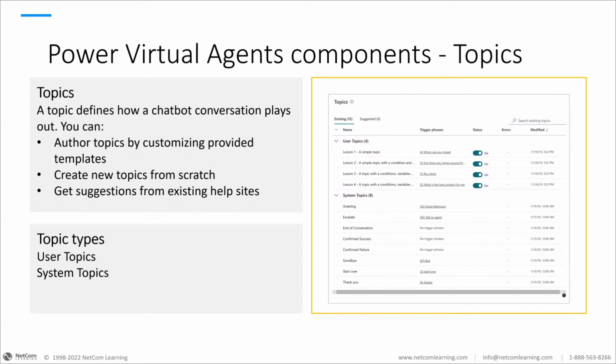So the virtual agent components are based on topics, okay? A topic defines how the chatbot will converse with the end user. You author topics by customizing provided templates, so you can take ones that exist and modify them. You can create new topics from scratch. There's an existing help site that has a whole bunch of different suggestions that you can use to build those out.